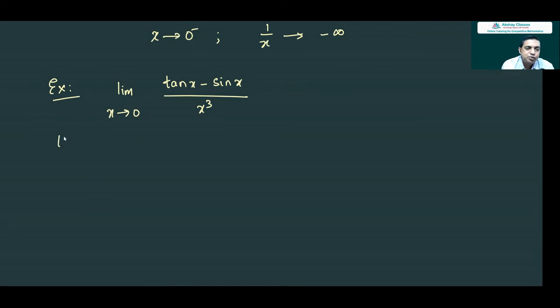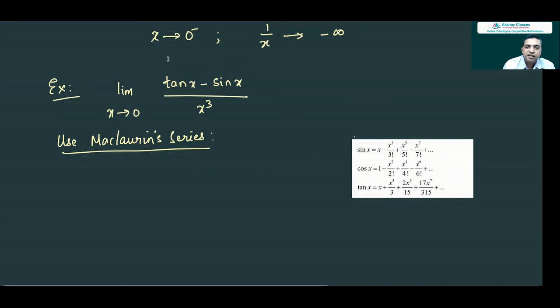Now let us use Maclaurin series expansion for this. So sin x is x minus x cube by 3 factorial plus x power 5 by 5 factorial minus x power 7 by 7 factorial and so on.